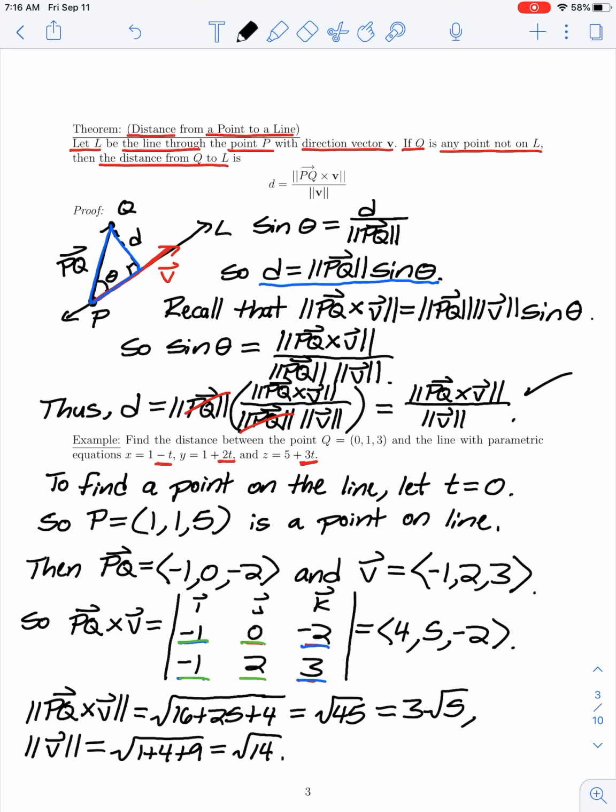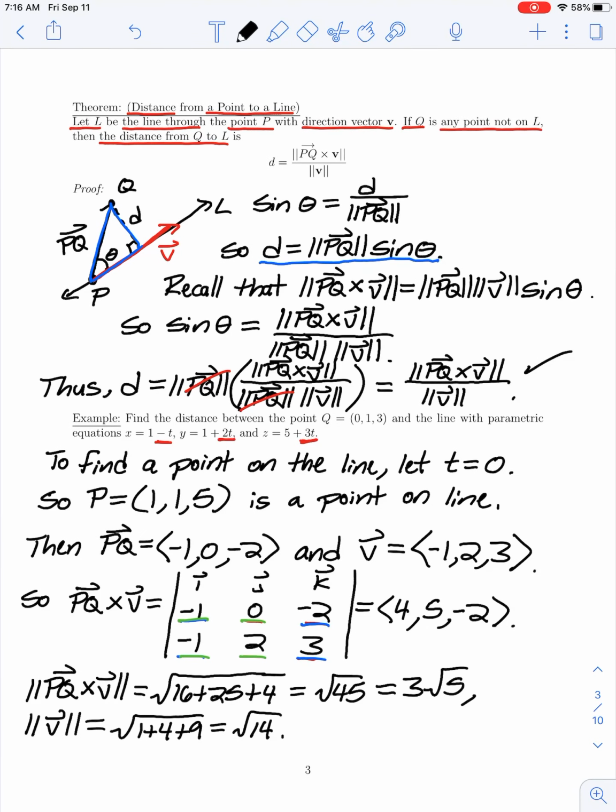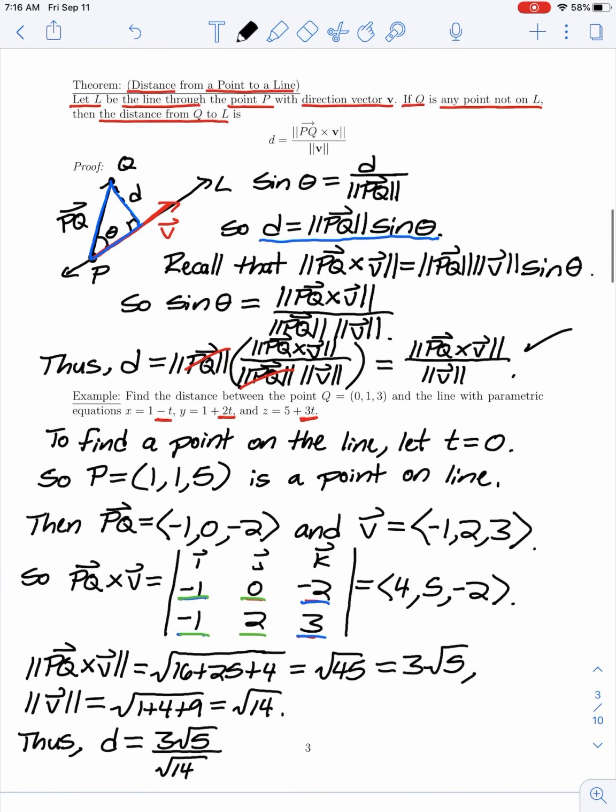So finally, once we have these components, we can substitute them directly into our distance formula, and we would have 3 times the square root of 5 over the square root of 14 as the distance from our point Q to the line whose parametric equations were given. Okay.